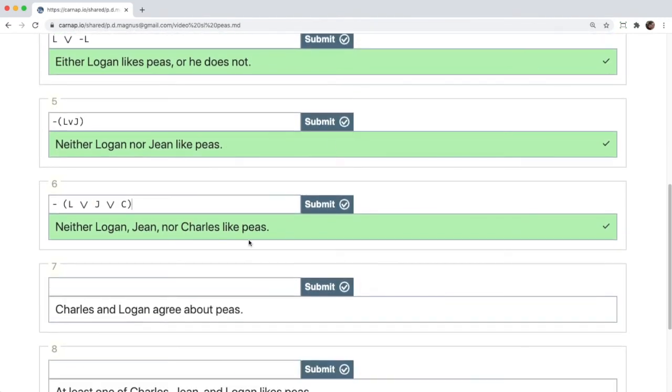Now, one way to translate this would be: Charles and Logan, well, if one of them likes peas, the other one does. And if one of them doesn't like peas, then the other doesn't. That is, they like peas if and only if the other one likes peas. We can translate that with a biconditional.